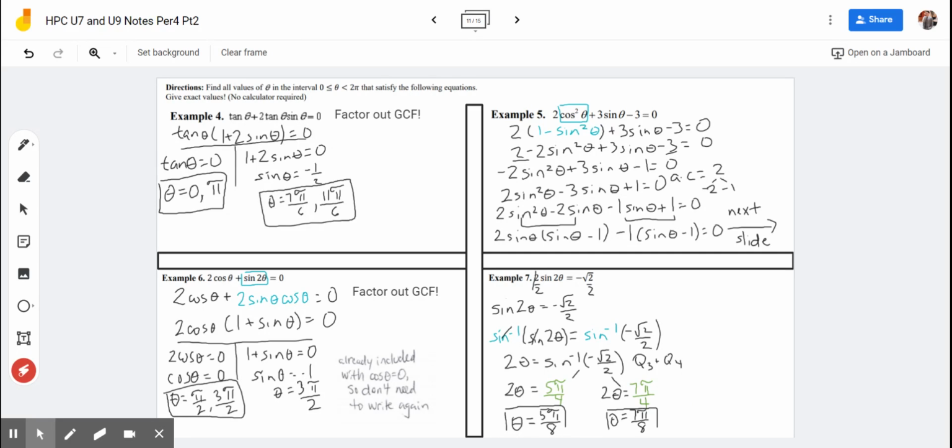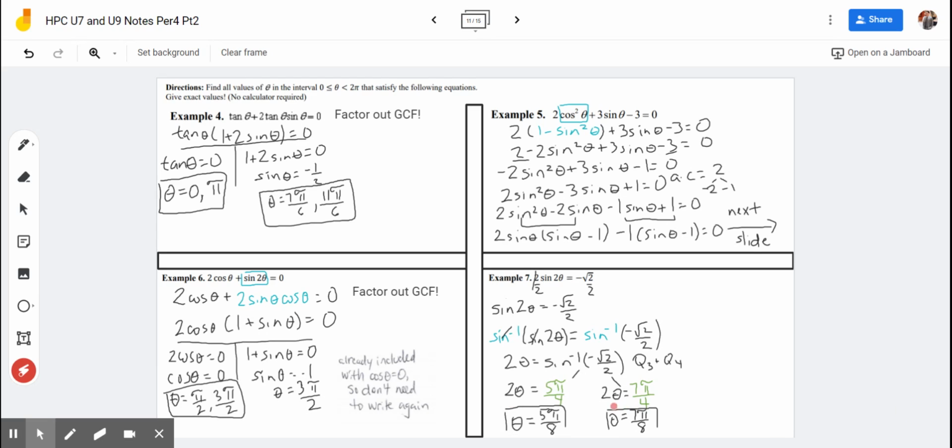Now, what we can do, if you recall from the previous section, to find the general solutions, is add 2 pi to each one of these first set of solutions to find any other additional solution.